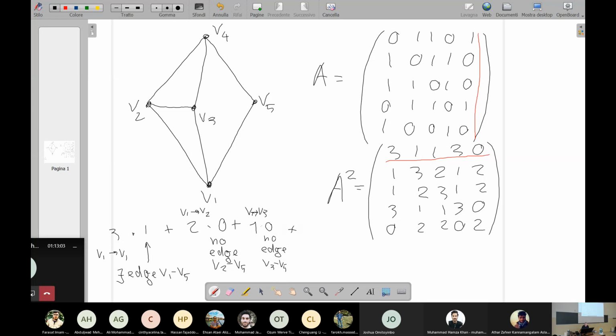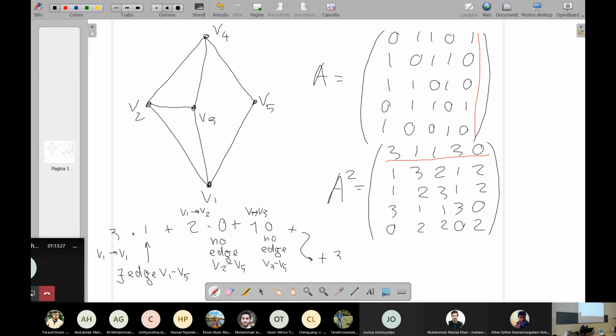Plus, after that what do I have? A 3 here, from V1 to V4, I have 3 2 walks, and here they are, 1, 2, 1, 2, and 1, 2, okay?